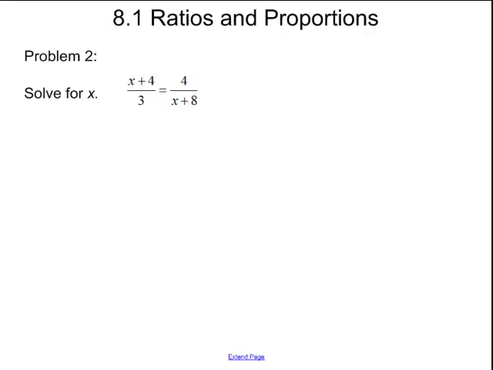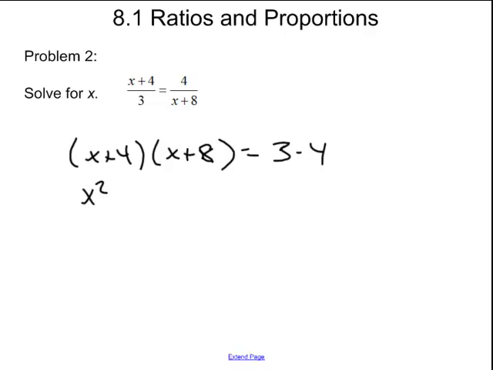Here we go, using the cross product property, x plus 4 times x plus 8 is equal to 3 times 4. So x squared plus 8x plus 4x plus 32 is equal to 12.